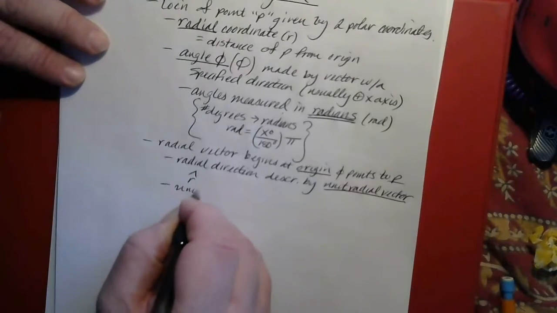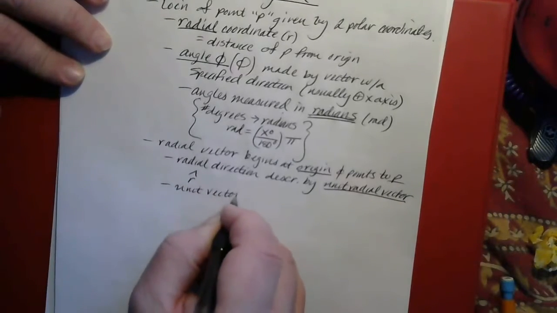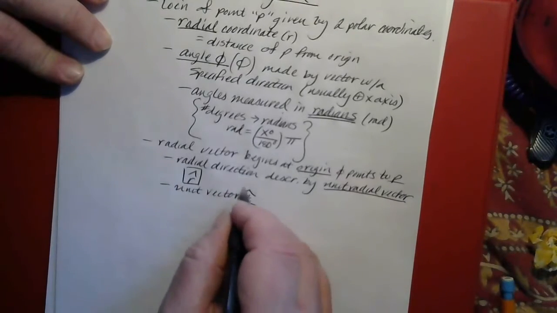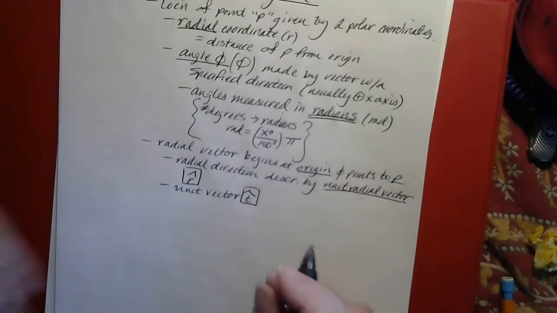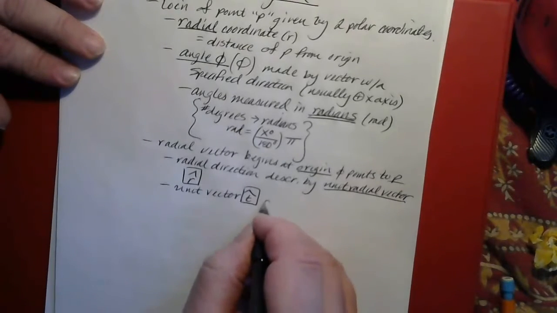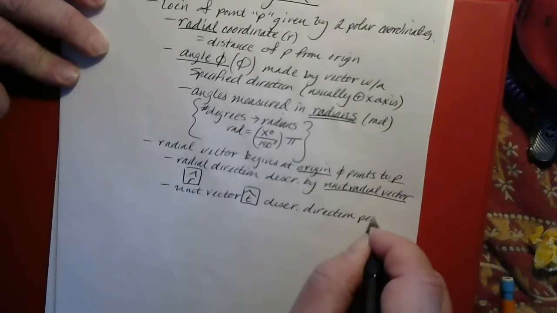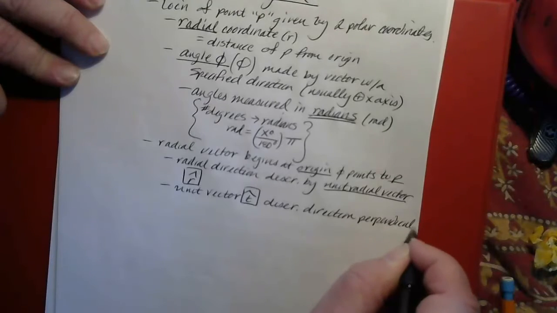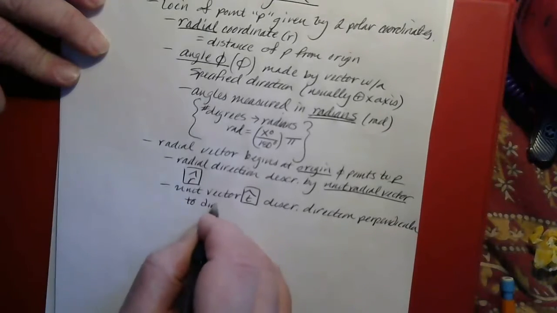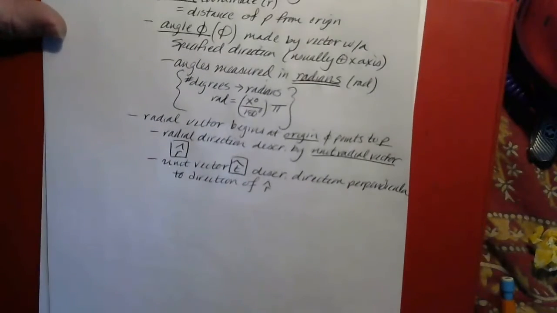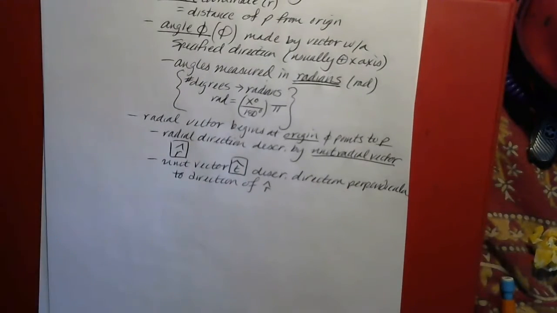And there's a unit vector t, which describes a direction perpendicular to that. Okay, so instead of i and j as the unit vectors for x and y, we now have r and t as the unit vectors, is essentially what we're saying.